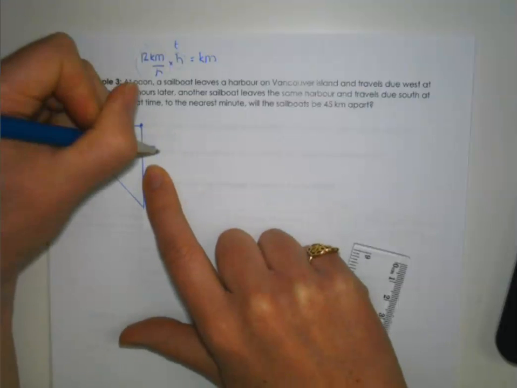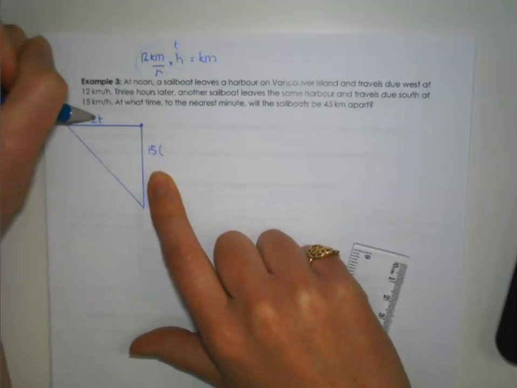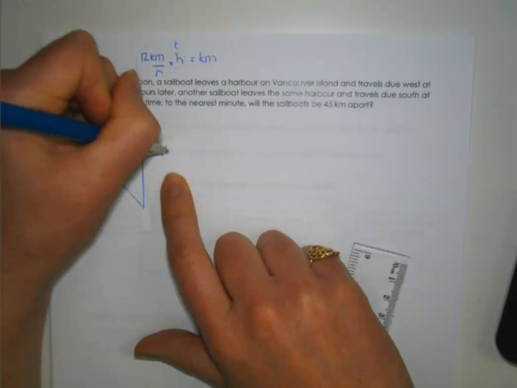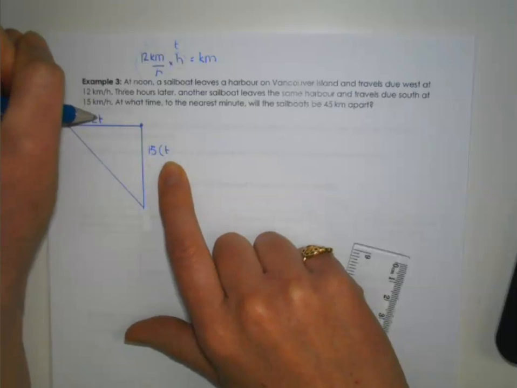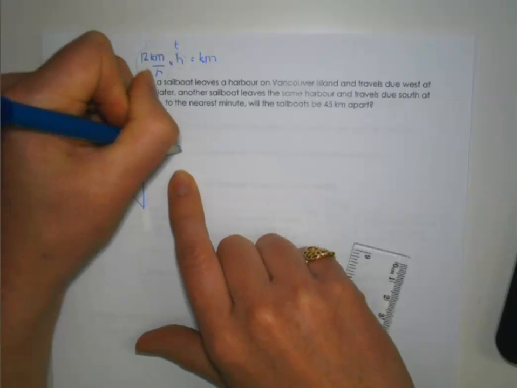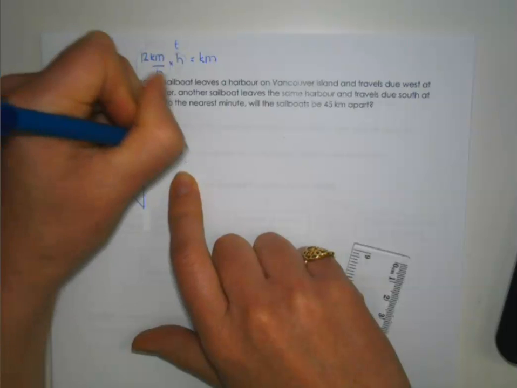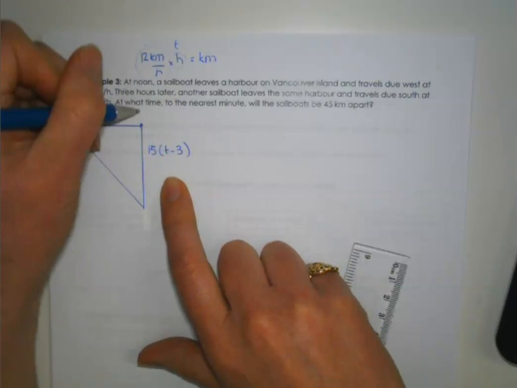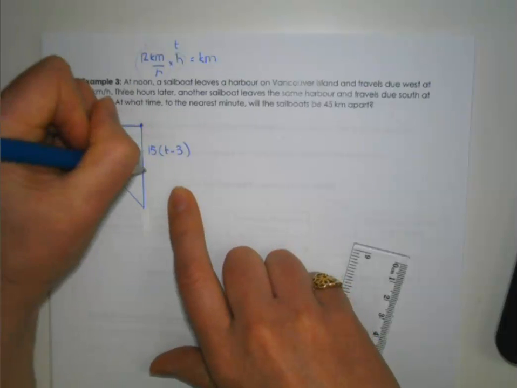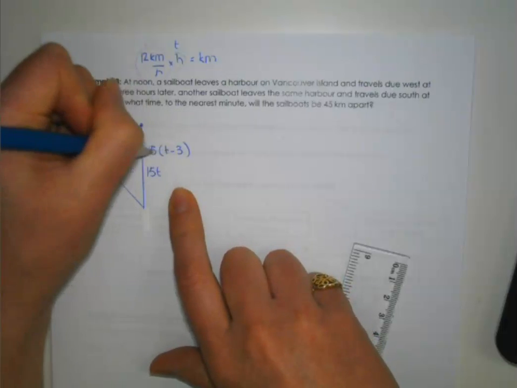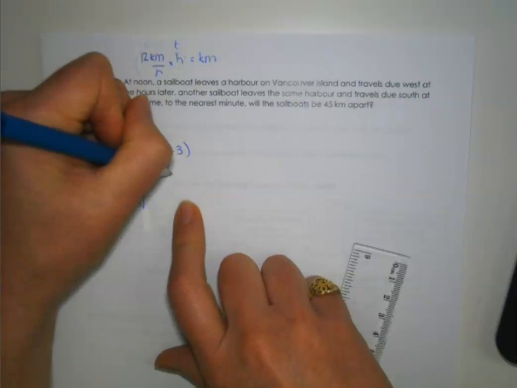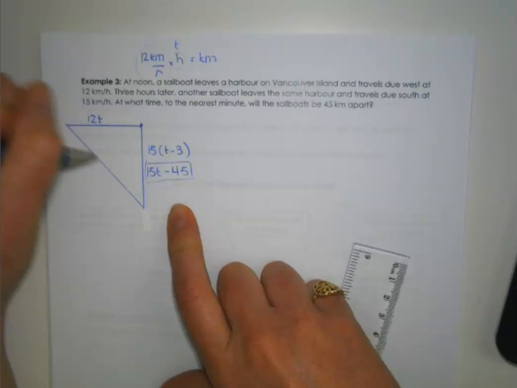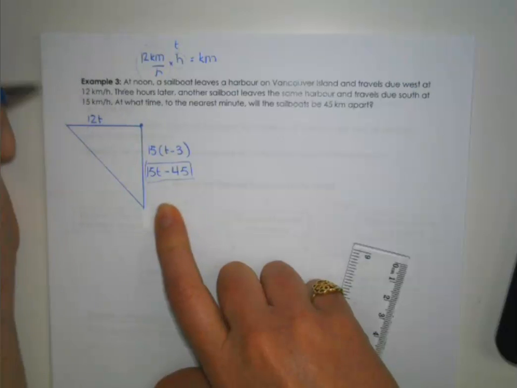So instead of 15 kilometers an hour times the time, which represents how long this boat's been sailing, it's going to have 15 times t minus those 3 hours, because the first boat got a 3-hour head start. So the actual expression for this distance is 15t minus 15 times 3, which is 45. That's the expression we're going to use for this side of the triangle.